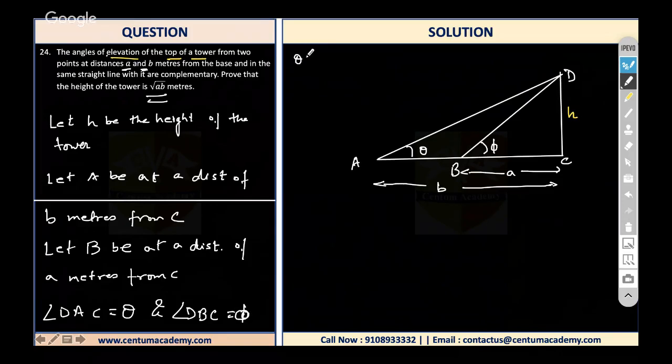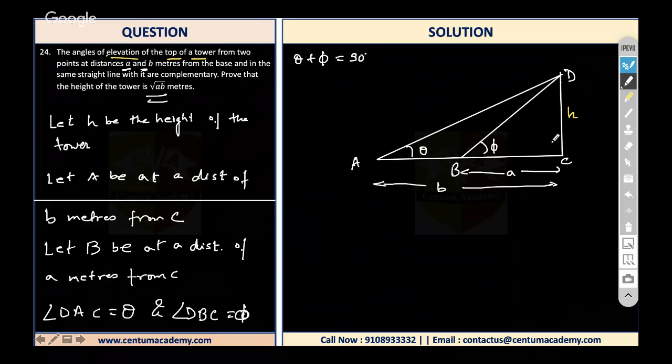So we know that theta plus phi is equal to 90 degrees. That is given because they are complementary. We have to find h in terms of a and b.